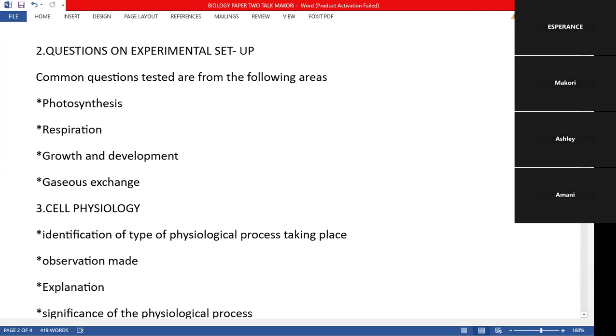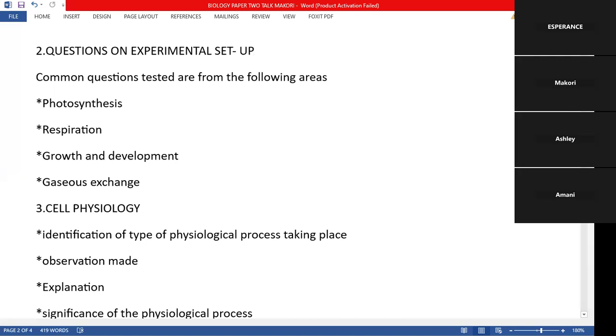And whenever we are dealing with these questions on experimental setups, one thing that we are supposed to get is this, that you should understand the factor that is under investigation. I've listed here some of the common areas that are normally tested on the experimental setups.